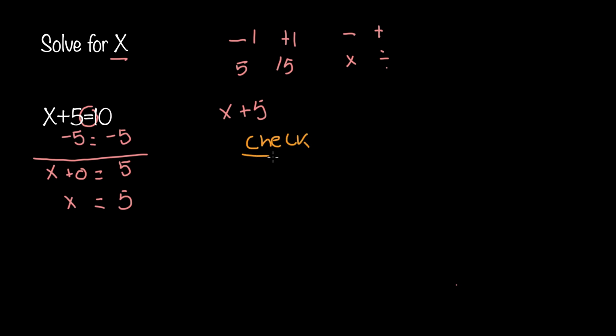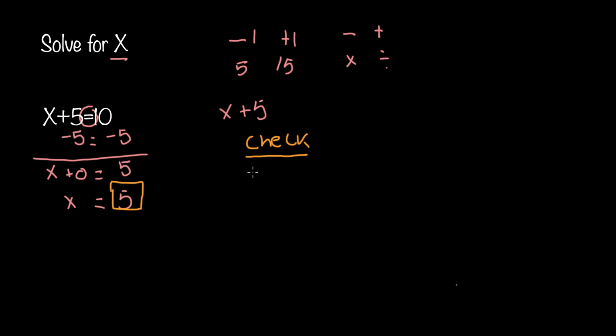So let's check this out. If our x value, this value right here, is 5, can we just plug it into the original equation over here? We can substitute the x for 5 basically.